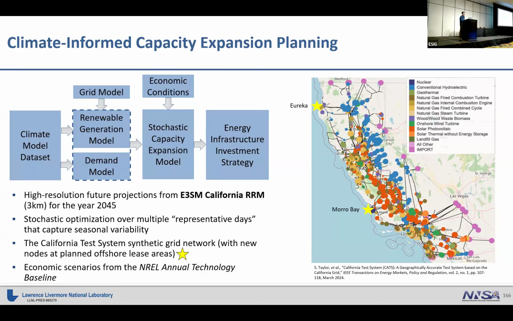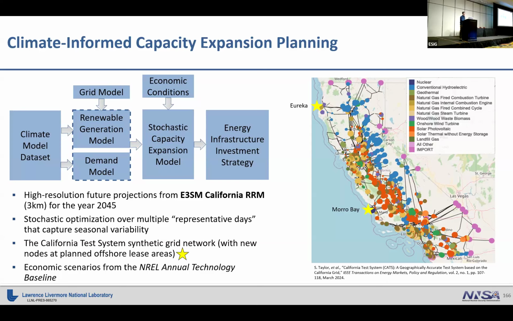So we pass that climate model data into a renewable generation model. We're using the NREL System Advisor Model, SAM. And we also pass it into an internally developed demand model. Then we feed those results into a stochastic capacity expansion model that performs optimization over multiple representative days that capture seasonal variability.